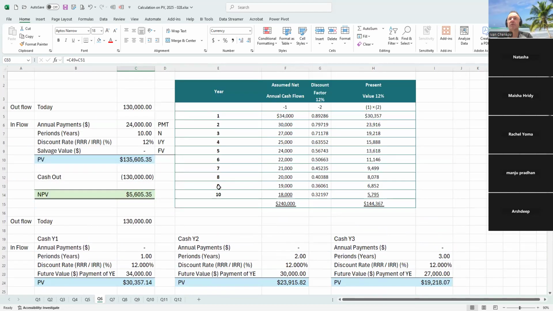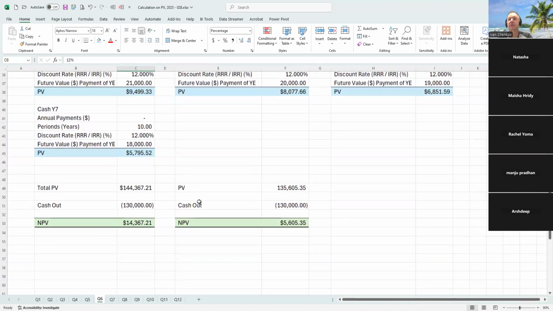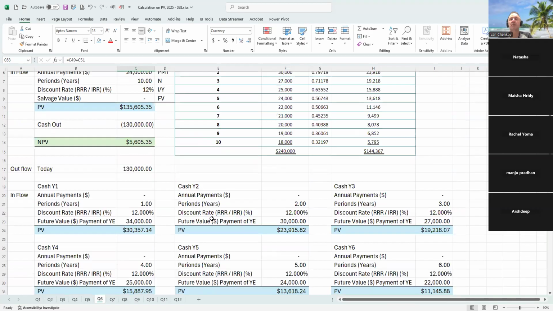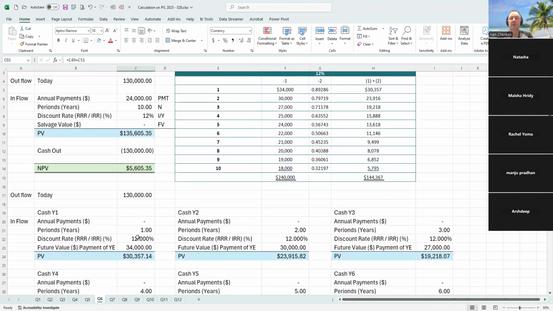That means your return will be way higher than 12%. Right here you're reaching 12%, and also here reaching 12%. 12% is guaranteed. But the question is, what's the actual return? That's what we're gonna get when we calculate the internal rate of return, using the formula for the internal rate of return.